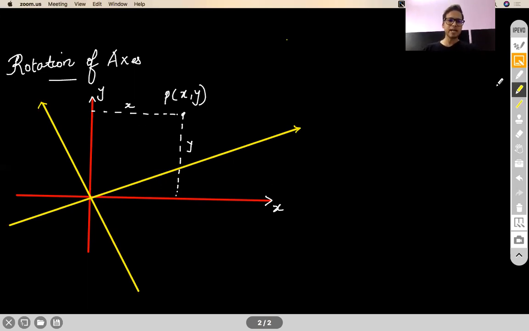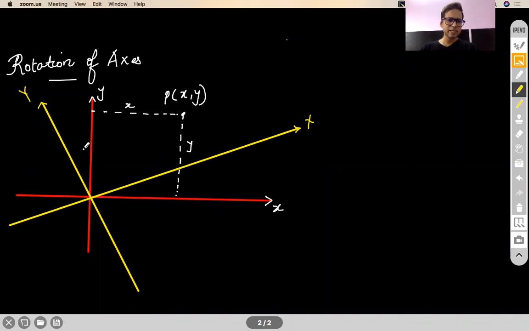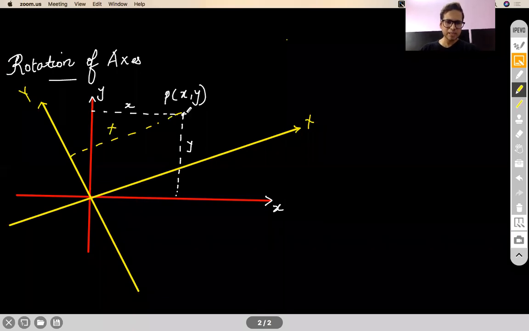So if I rotate my axes so that they become capital X and capital Y, can I say the very same point would become its new x coordinate, and this would become its new y coordinate, isn't it?